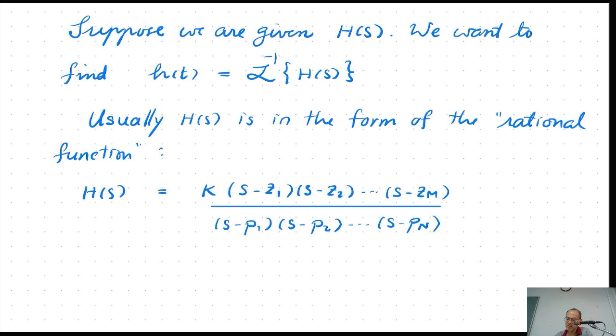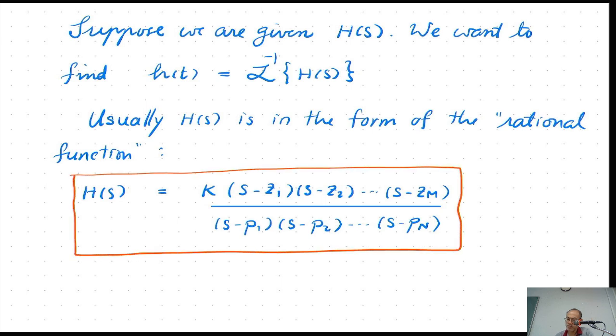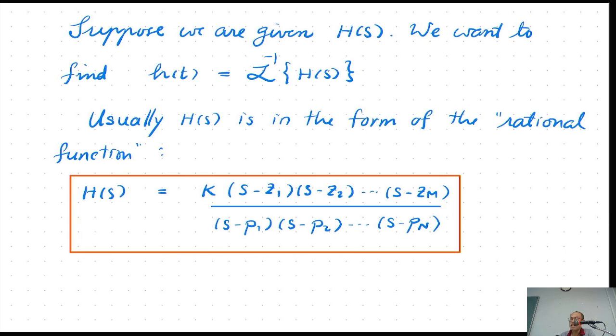It is a form that you will see almost always. Now we'll be focusing on this form only. We're not going to do the inverse Laplace transform for other forms.